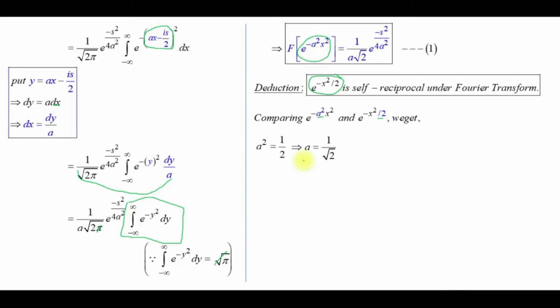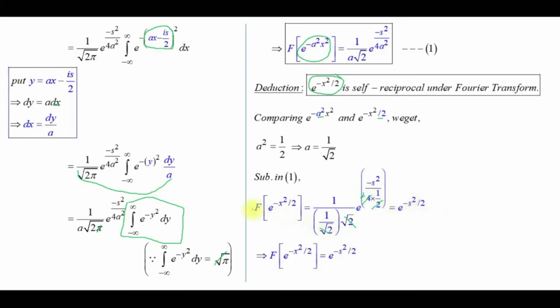So substitute a square equal to 1 by 2, or a equal to 1 by root 2, in equation 1. We have Fourier of e power minus x square by 2 equal to 1 divided by, what is the a value, 1 by root 2 into root 2, e power minus s square by 4 times a square, which is 1 by 2. So square root 2 gets cancelled, which is equal to e power minus s square by 2.